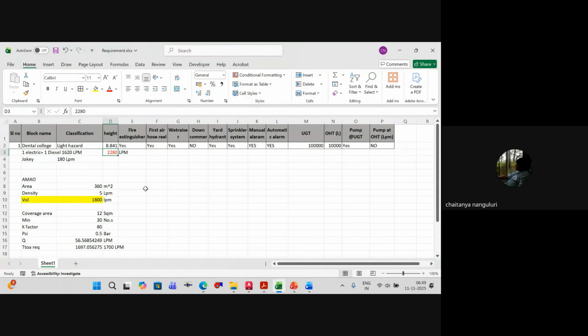For that you have a specific code, according to which you decide your underground tank capacity, whether you want 1 hour backup or 2 hours. 2 hours is the standard one, but if a fire station is nearby and you have a reliable source, only then 1 hour is sufficient. So per minute is 2280, then you multiply with the time and you get the total underground tank capacity.